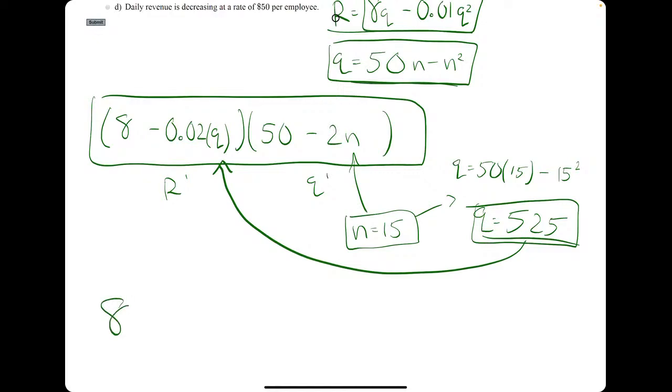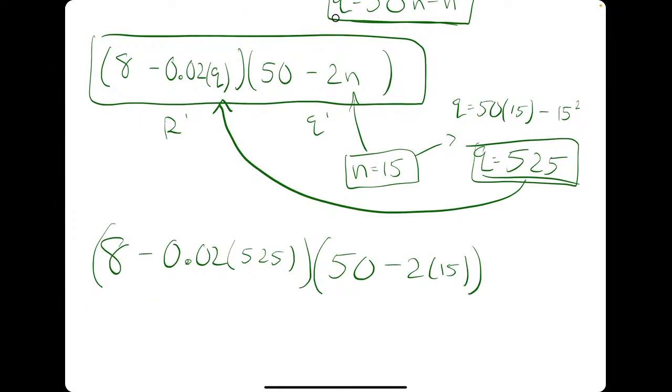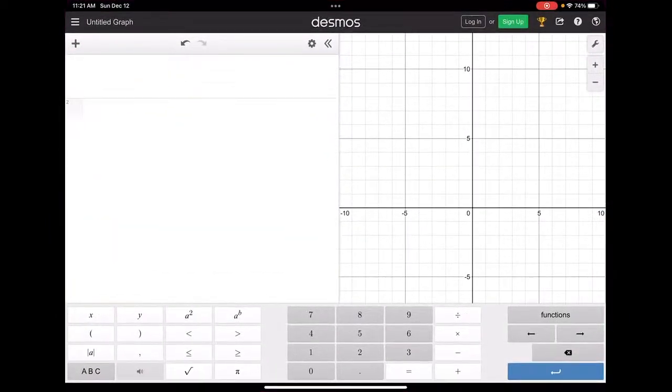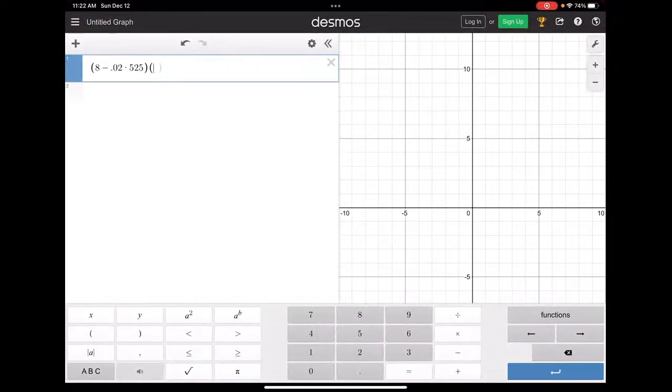We plug in 525 to the first part for Q, and then we plug in N equals 15 wherever we see N. So 50 minus 2 times 15. Once we calculate this, we should have our answer. 8 minus 0.02 times 525, and then times 50 minus 2 times 15.